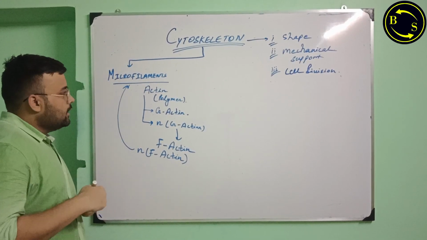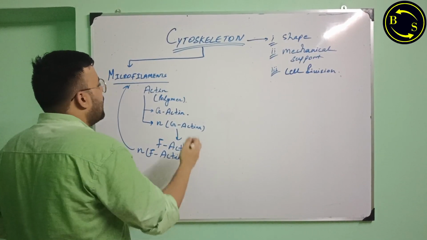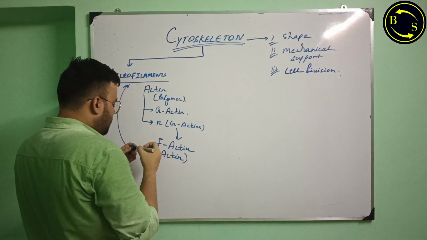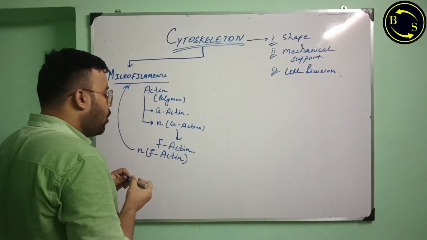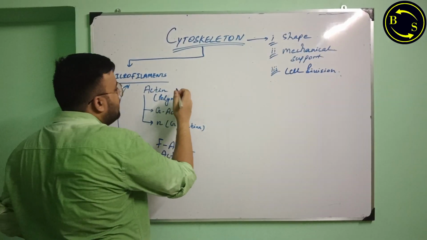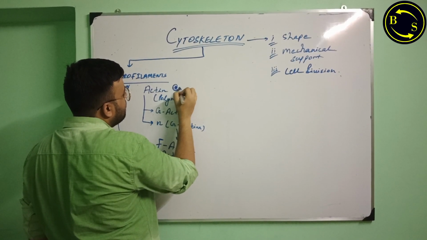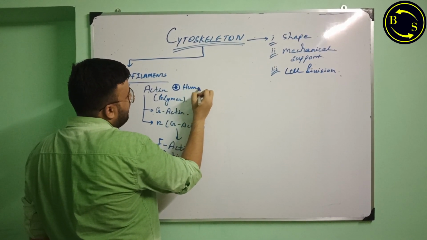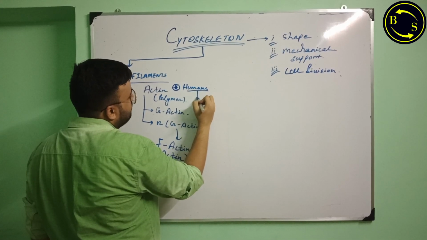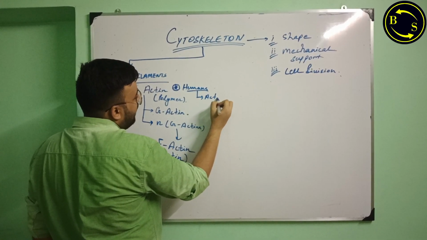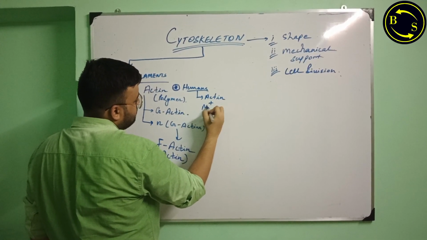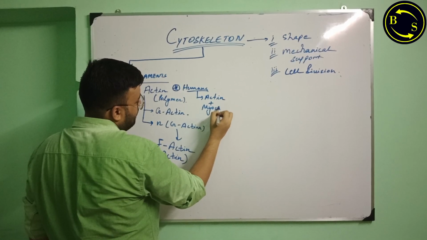In humans, this actin is also associated with another protein called the myosin.